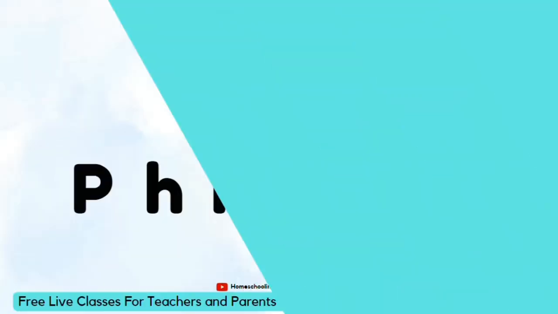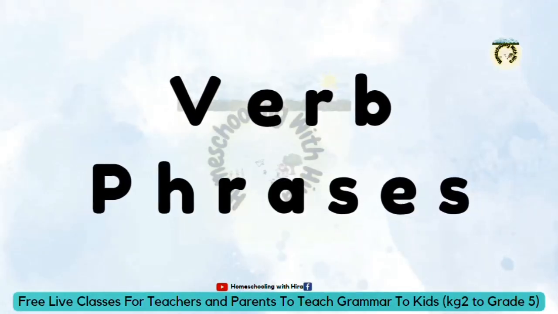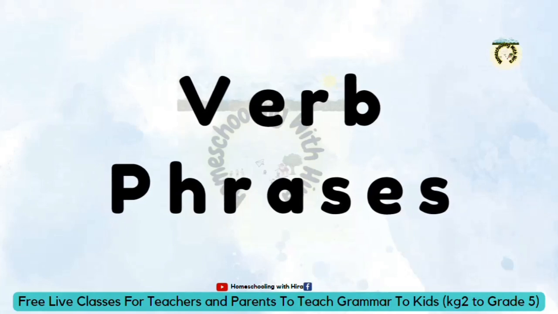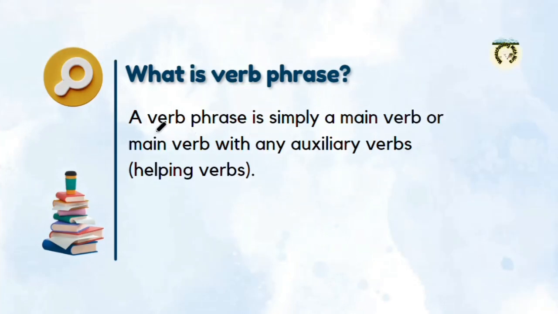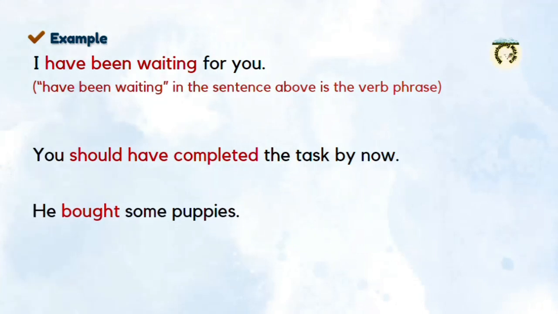Now, the last thing that we have is verb phrases. They are the simplest type of phrases. So, what is this? A verb phrase is simply a main verb or a main verb with any auxiliary verb. Let's check out some examples and you will get it so easily.